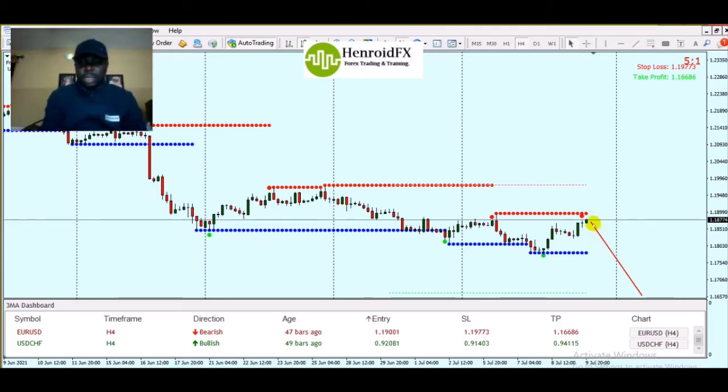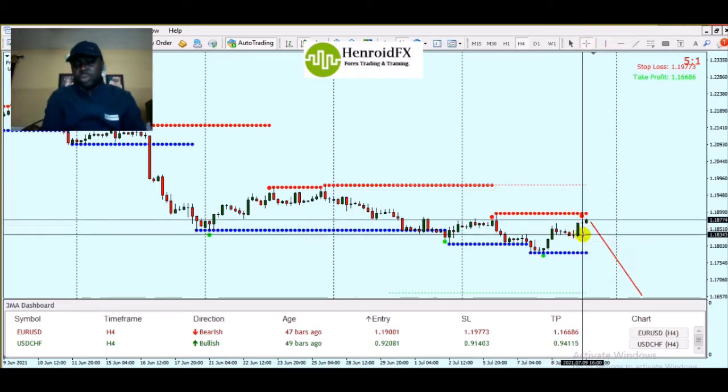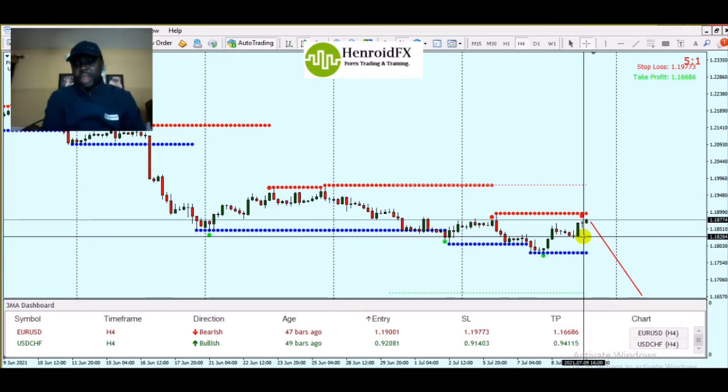So wait for the bearish candle, an engulfing bearish candle, or a pin bar which will confirm that it is time to reverse. Or better still, you can come here and put a sell stop just below this candle here and then you ride it down to the profit.